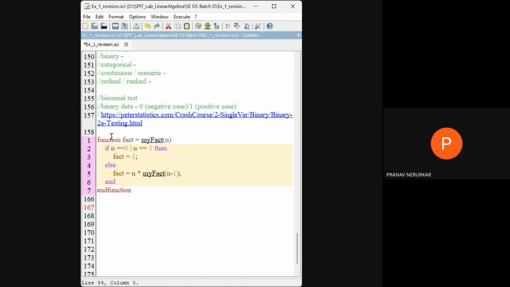Once we have the factorial, next part is implementing combinations.